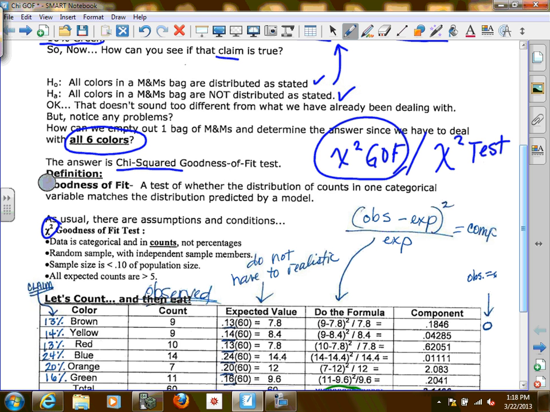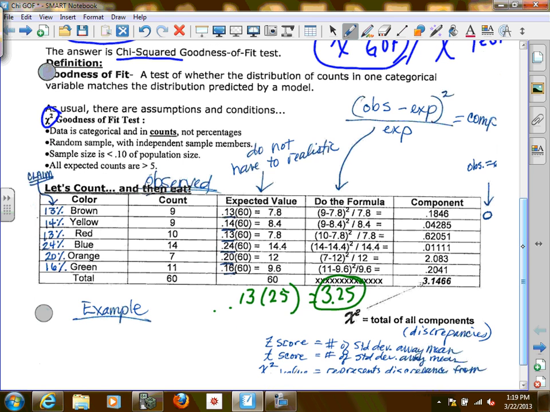Multiple categories, but only one variable. What is that one variable that we're wondering about? Color. That's right. Color is our one variable that we are testing on the M&Ms.